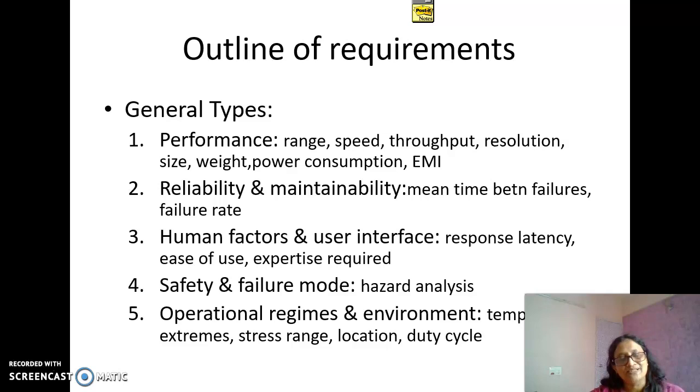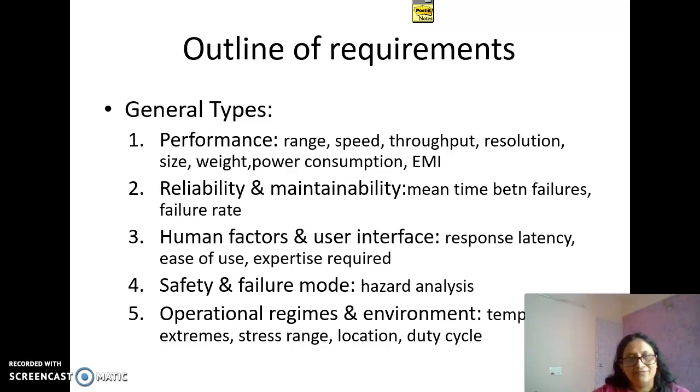The interface to the user must be very simple and easy. Then and only then will the product be preferred by a large population. Safety and failure modes are very, very important because products are handled by kids, by aged people, and of course by all humans. So safety is very important. We need to consider all safety aspects.